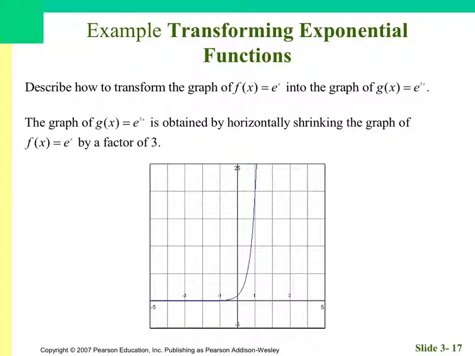It's obtained by horizontally shrinking the graph by a factor of 3. Okay, so there we go. So hopefully we're starting to see that no matter what the function is, when you identify the x or the x minus h plus k, those things, they're still the same thing, okay?